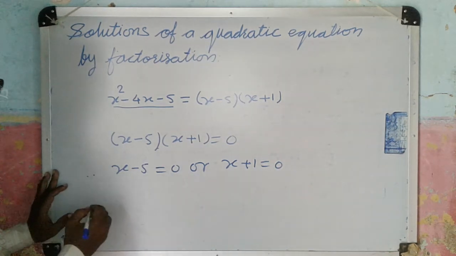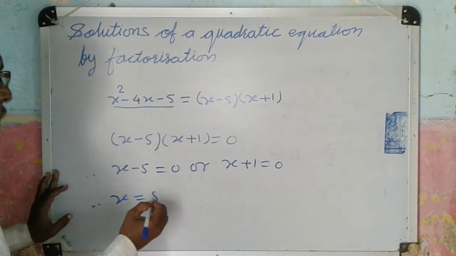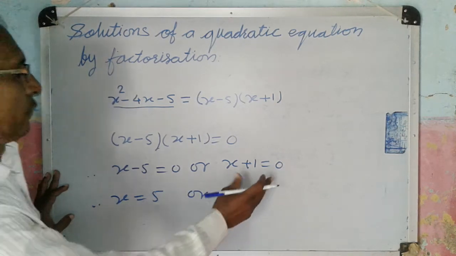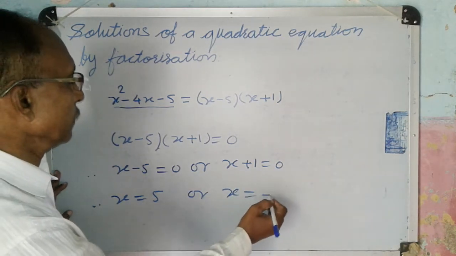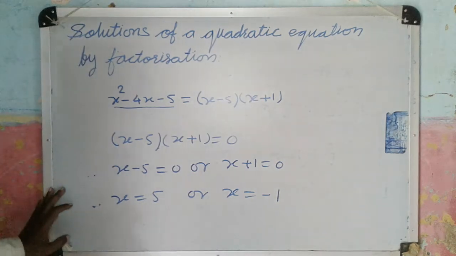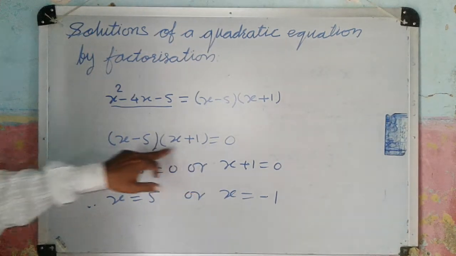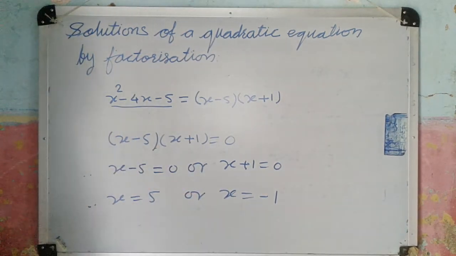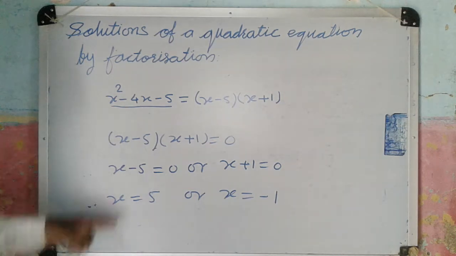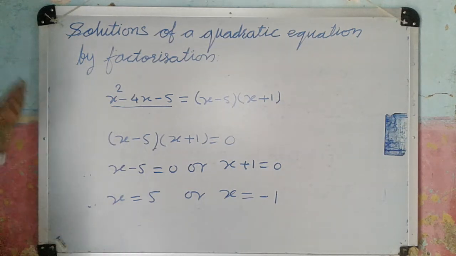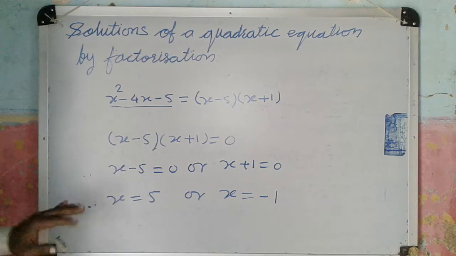From this equation we get x is equal to 5, or from this equation we get x is equal to minus 1. So these are the solutions of this quadratic equation. By this method we will find the solutions of quadratic equations, and this method is called the factorization method.